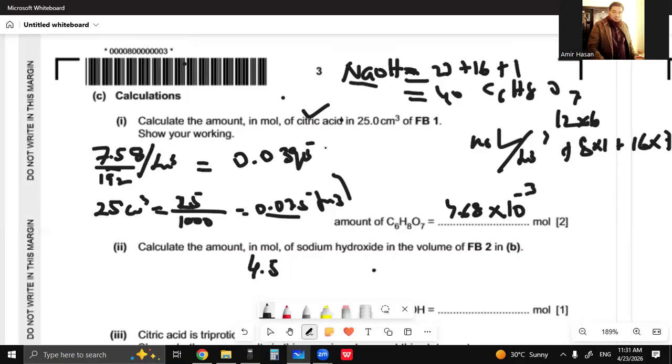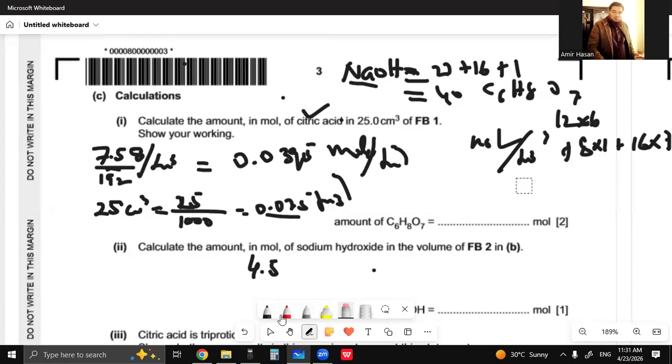Now it will be changed into mole per cubic decimeter. Okay, student, is it clear what the mistake was in this? The volume will remain the same because we are putting the citric acid in the pipette, and the pipette volume will be the same, 25, that is 0.025. Now multiply this volume and this concentration.